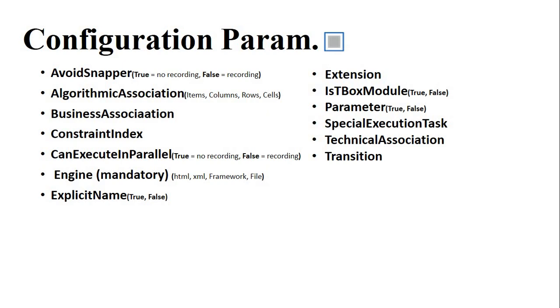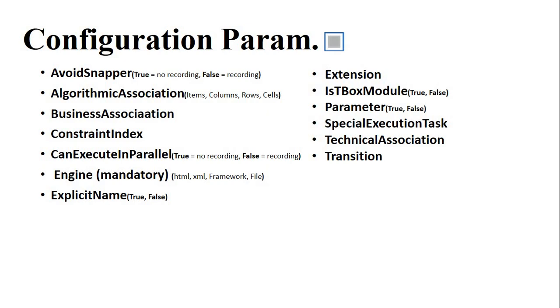You can set the configuration parameter and you can see some predefined values you have for it. Let's take the example of the first one, the avoid snapper. This is related to the document snapper, that is DocuSnapper.